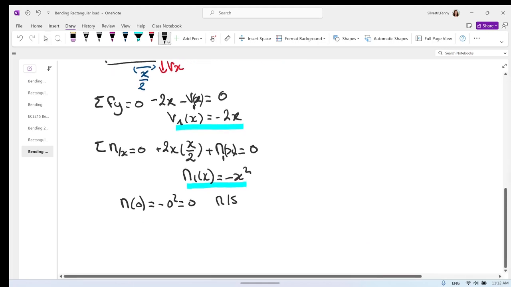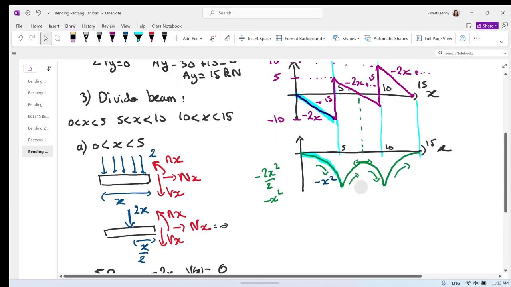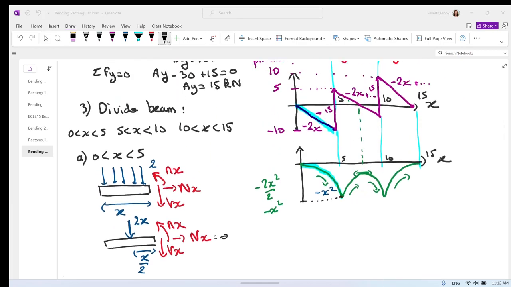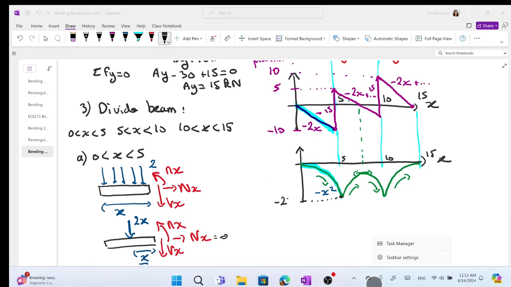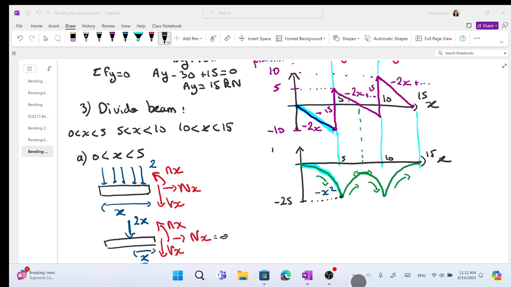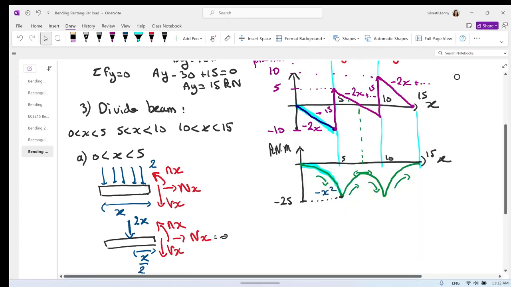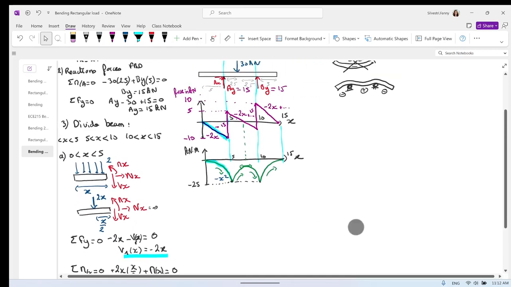And the moment at 5 equals minus 5 squared, so equals minus 25. So this value there is, oops, let me remove that. It's minus 25. Those values are kilonewton meters. Okay. So this is minus 25. That will be minus 25 there too. So this is from 0 to 5.